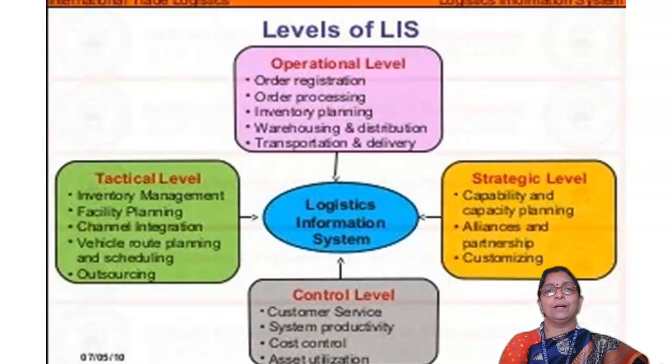Say if we have a business of textile units or apparels, the capability or capacity planning, how much information the organization is going to handle, what kind of logistics is required, has to be realigned with the objectives of the organization.